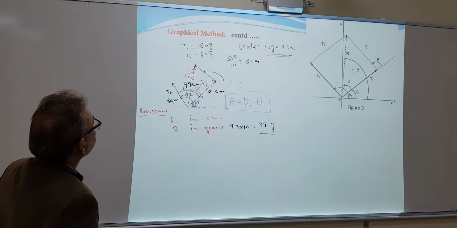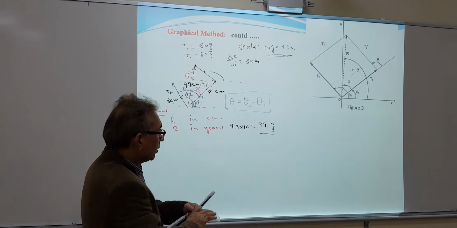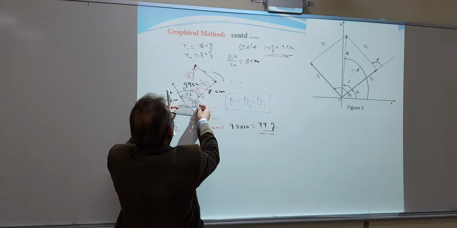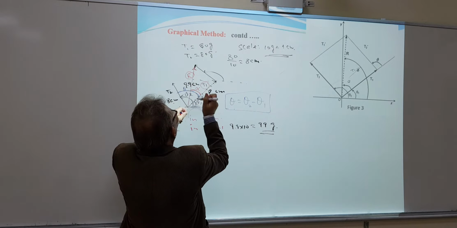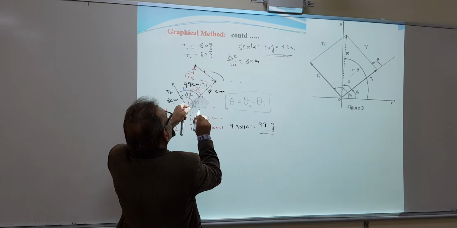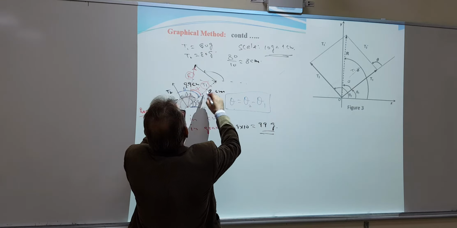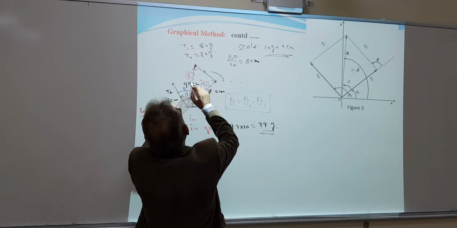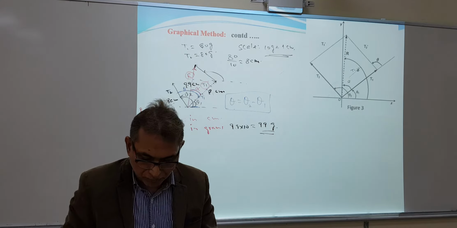And alpha, you will measure it. Don't put the degree scale here. You see this line and the dot point here. This point should be in line with T1, and from here up to here you will measure and write it down in your data sheet.